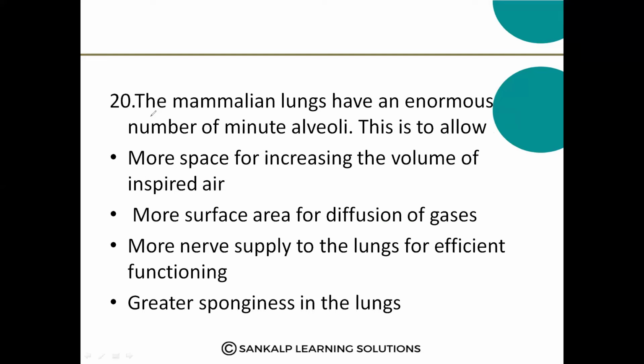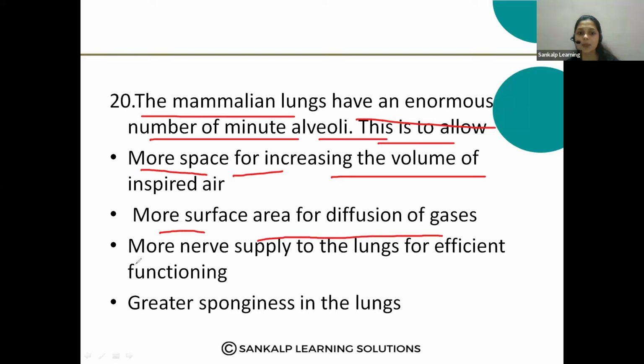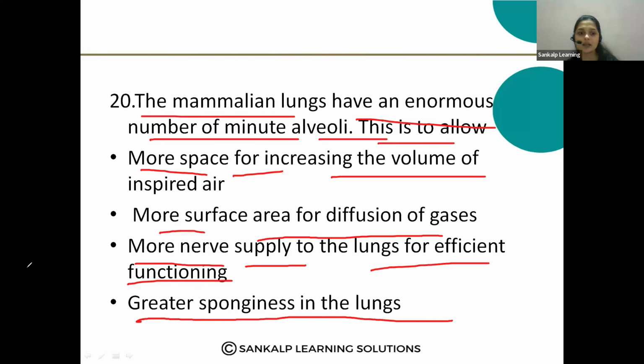The mammalian lungs have an enormous number of minute alveoli. This is to allow more space for increasing the volume of inspired air, more surface area for the diffusion of gases, more nerve supply to the lungs for efficient functioning, or greater sponginess in the lungs.